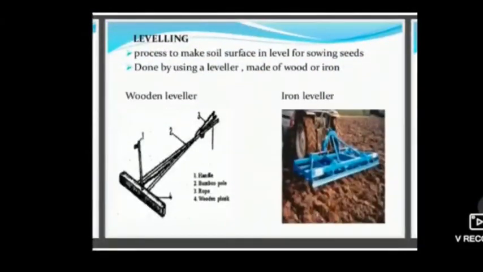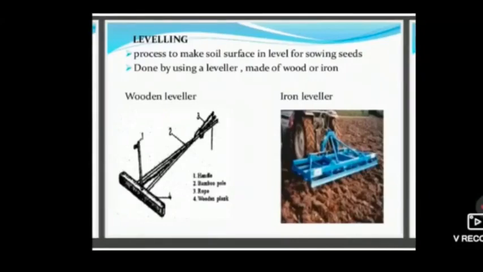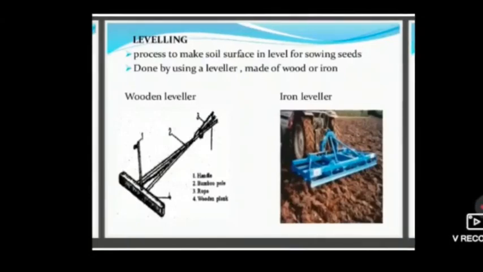As you can see in the picture, the first one is a wooden leveler and the second one is an iron leveler. So note down these points: the process of making the soil surface level for sowing seeds, and it is done by a leveler which is made of wood or iron.